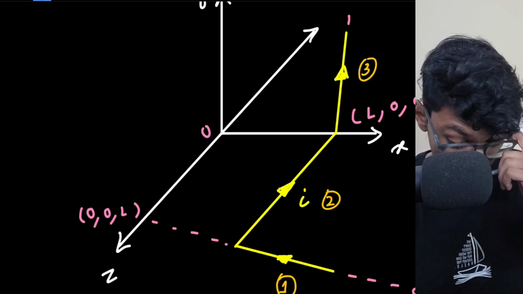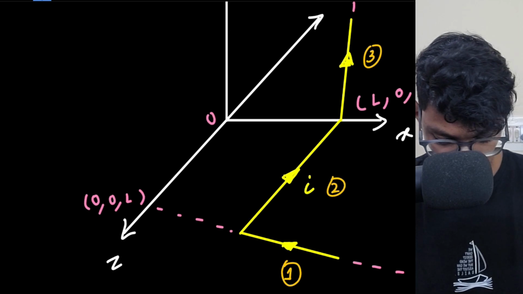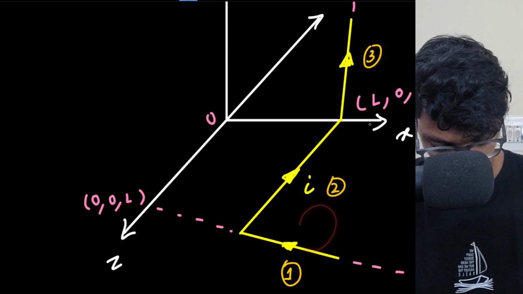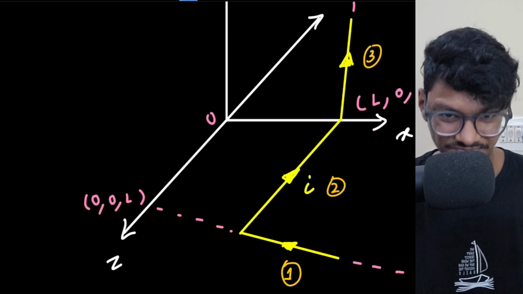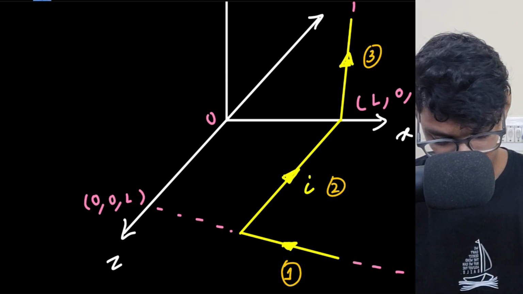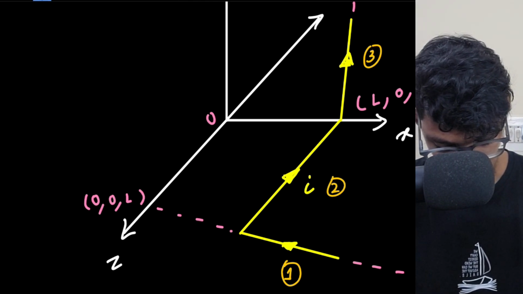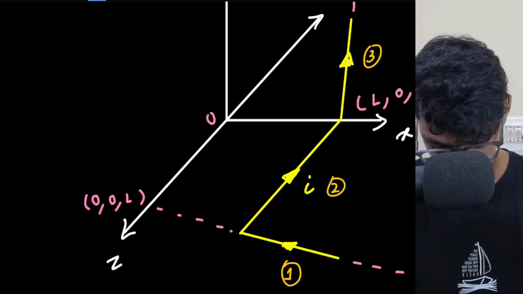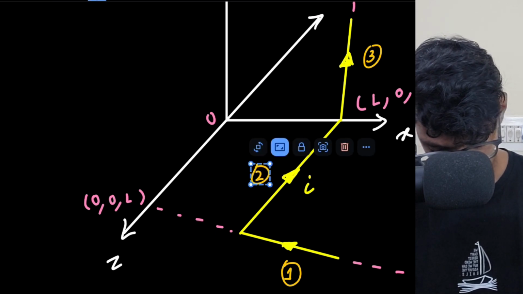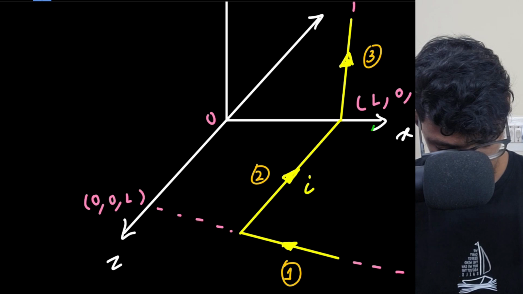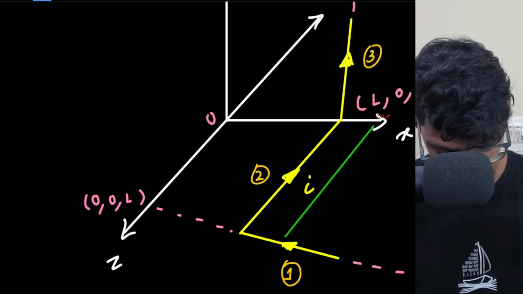Now if I observe carefully, the perpendicular distance due to section 1 is what? This is the perpendicular distance, right? Sorry for that noise. This is the perpendicular distance basically. And what is this distance?